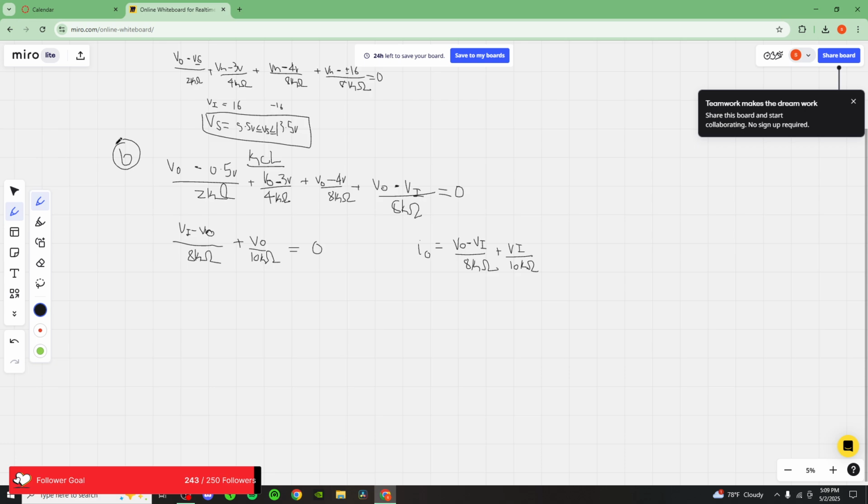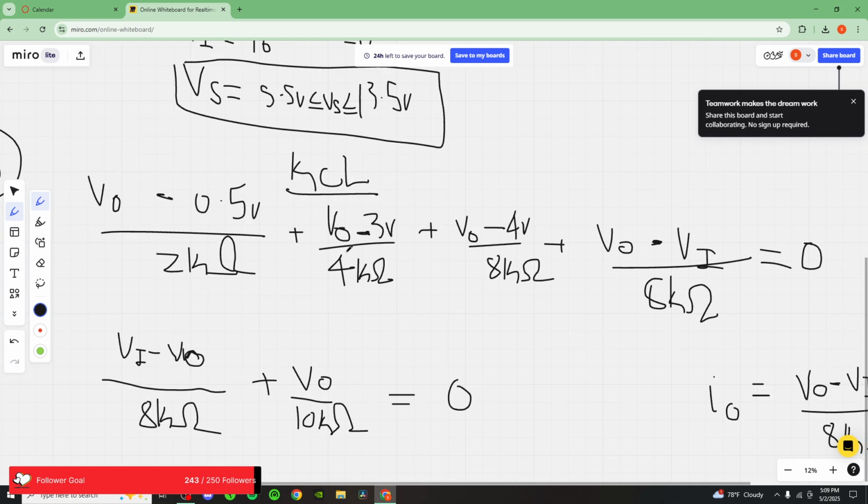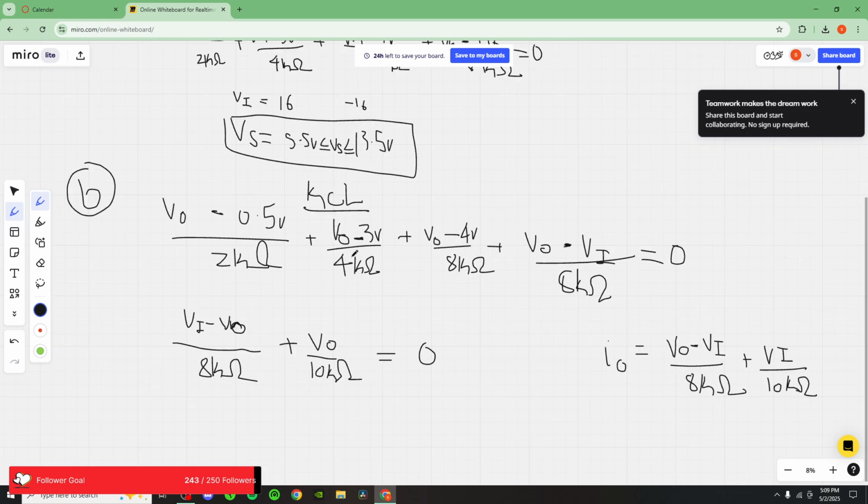We almost have the value. 0.5, and that should be V0, which is X minus 3 over 4 times 10 to the power of 3, minus 4 over 8 times 10 to the power of 3, and then plus.